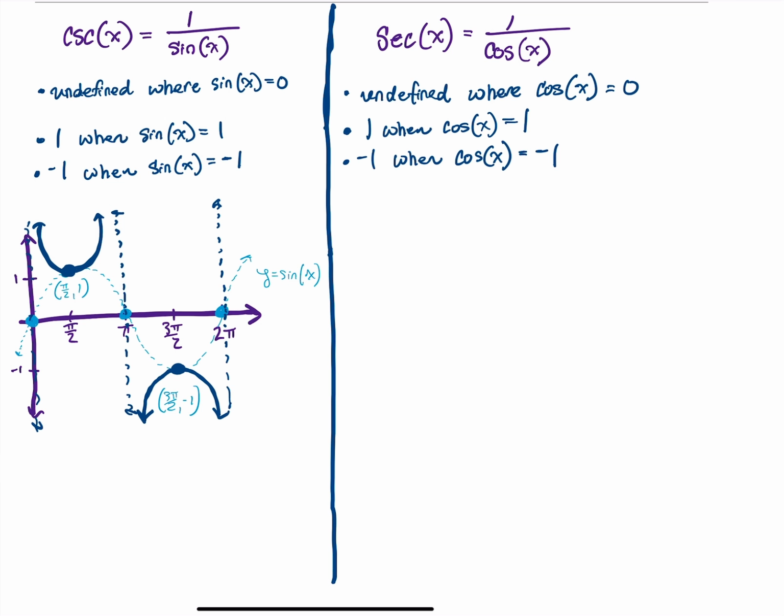So I wouldn't actually put the blue part on my full graph. That's just sort of a reference. We're referencing the sine, the light blue, I should say. And then the dark blue is our graph of the cosecant. So it has this funny behavior. And then you could imagine copying and pasting this infinitely on both sides.